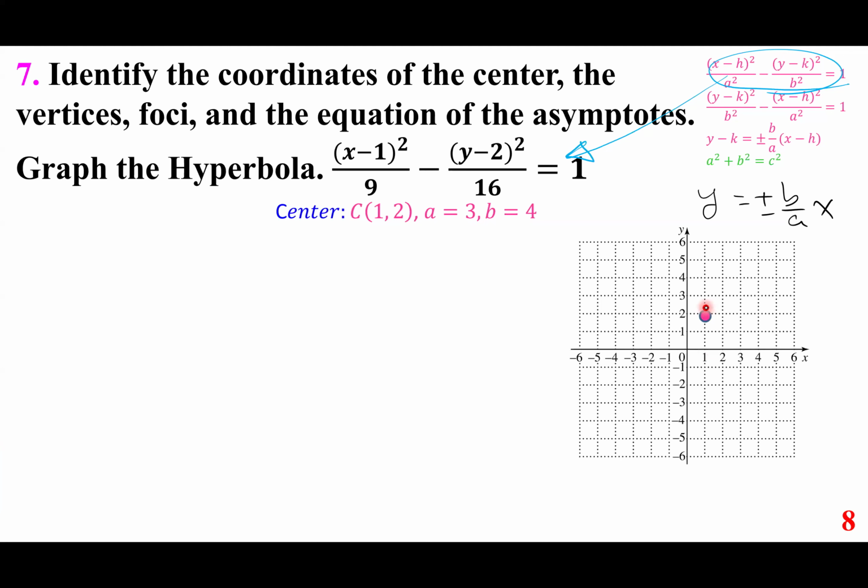So that's where the center is. So that means the asymptotes go through that. The coefficients for x are positive, okay? So that means after you have that, it opens sideways. So from the center, we're going to go a units to the right and left, where a is 3, everybody.